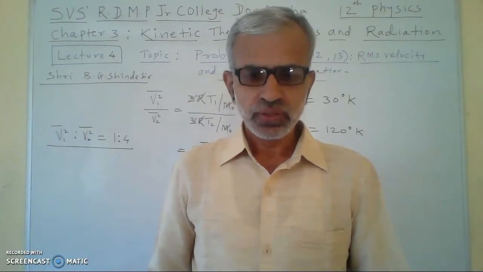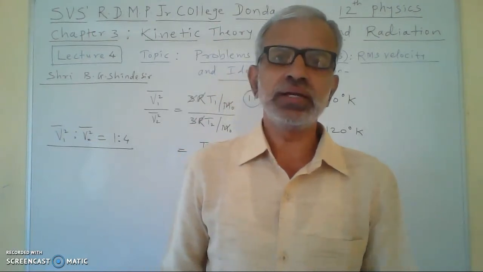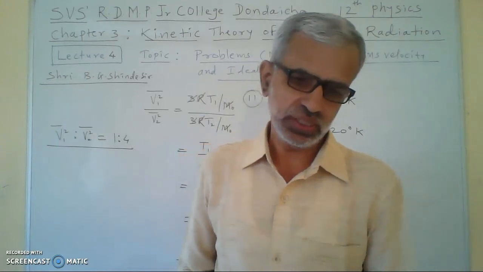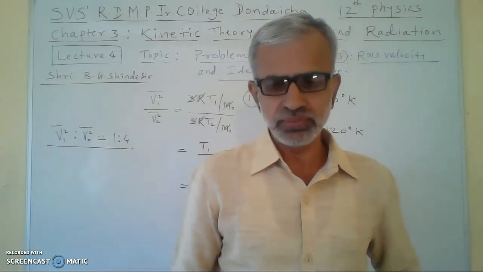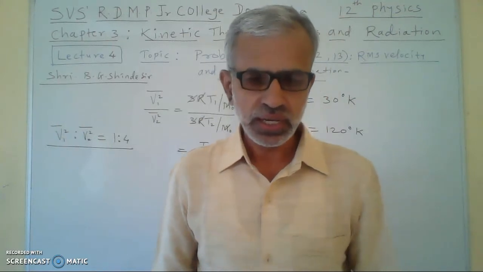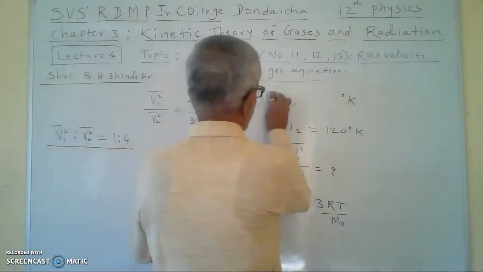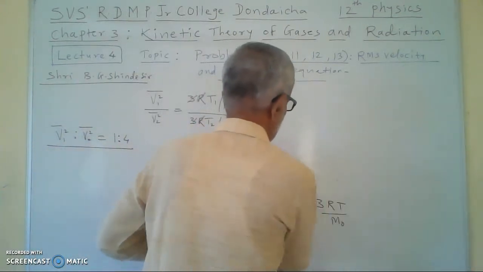So we are given two vessels and the pressures are given, volumes are given, temperatures are given, and we find the ratio of the molecules. So it is problem number 12.